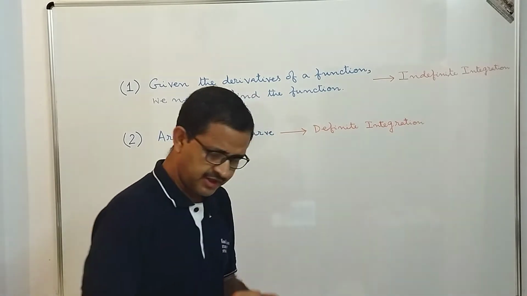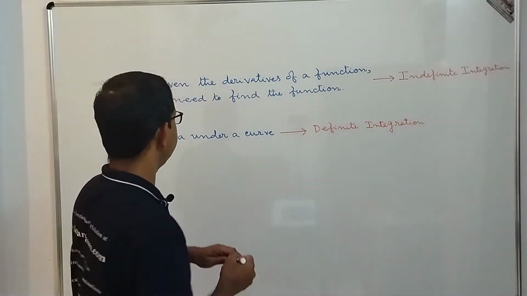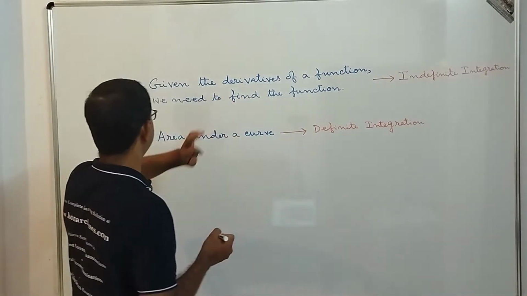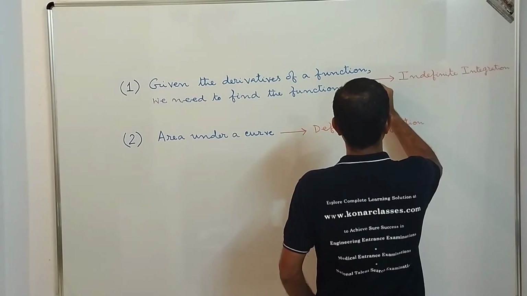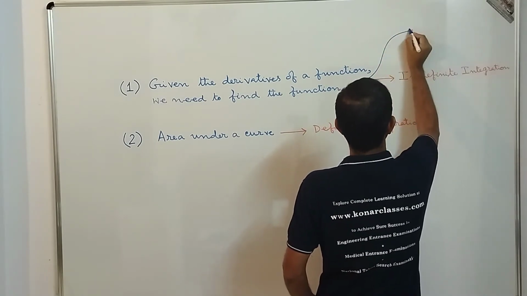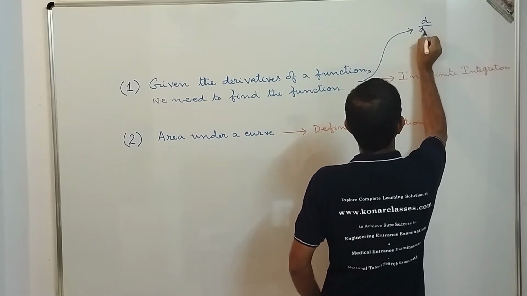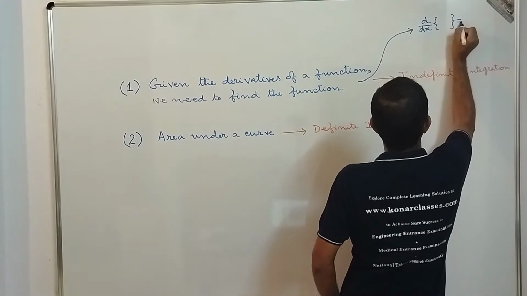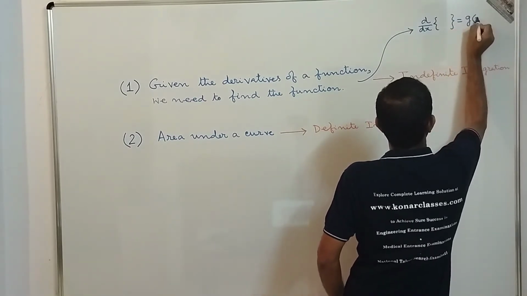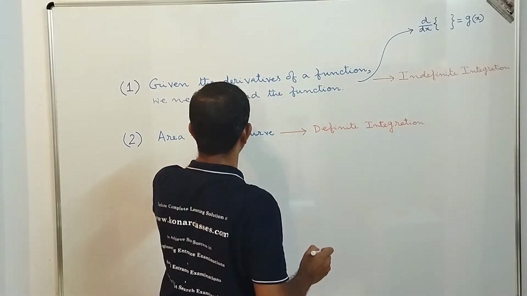So in summary, suppose you know the derivative of a function. That means the d/dx of a function is given. Suppose it is given as g(x). Given the derivative of a function, we need to find the function.